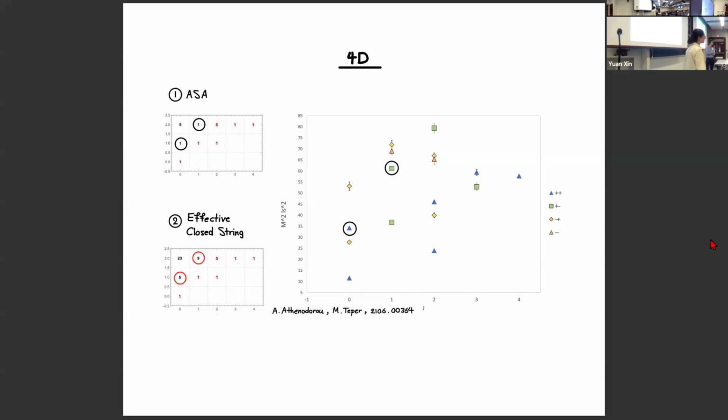Also, I must say that the Goldstone string calculation and ASA match in this regime where we do most of the comparison with lattice data. So what we say is mostly in the regime where they actually match.